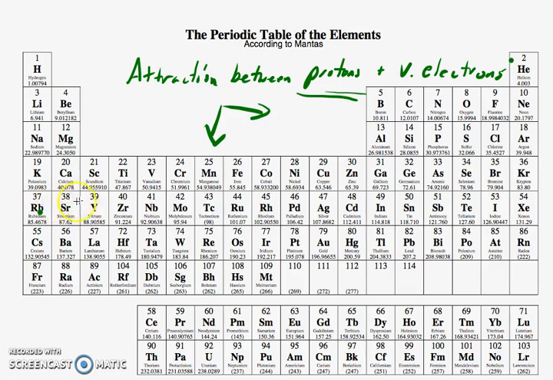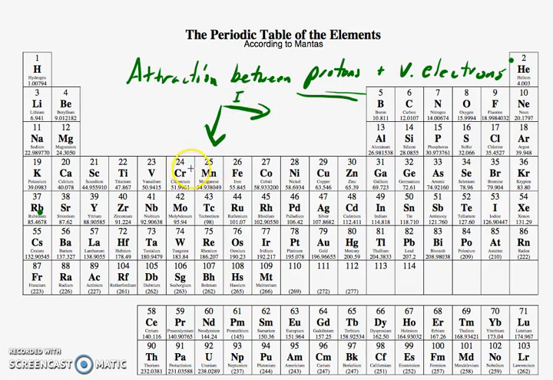Okay, we didn't add any extra shells. So in essence, it's almost as if both powers got stronger, the positive charge and the negative charge, and that actually makes a stronger attraction. So as we go across, attraction increases.